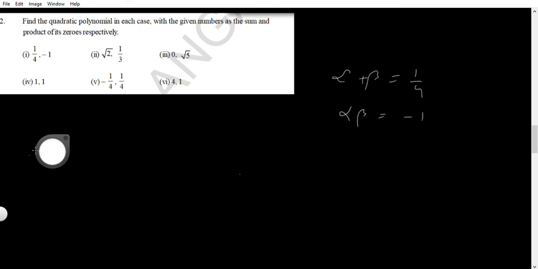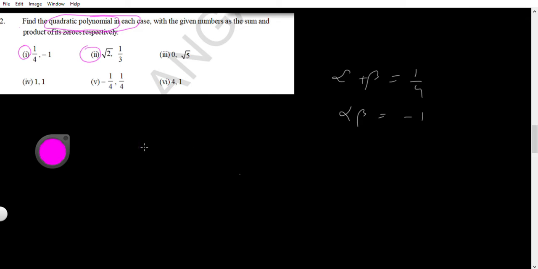So we need to find the quadratic polynomial, not equation. Find the quadratic polynomial in each case. Okay, we'll start with the sum of zeros and product of zeros.